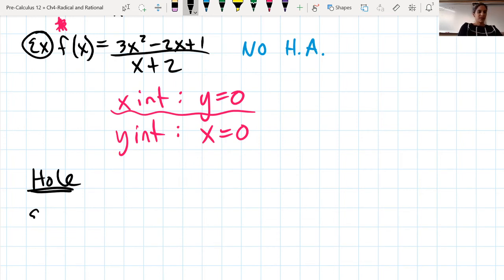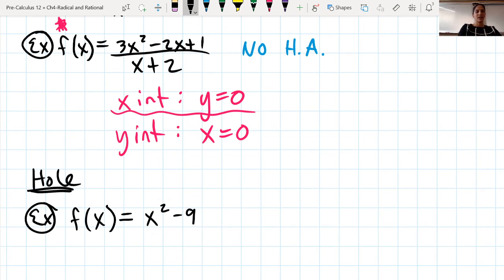Okay, so in order to look at how a hole shows up in a graph, let's take a look at a function that looks like this. Let's say we have f of x equals x squared minus 9 over x minus 3.